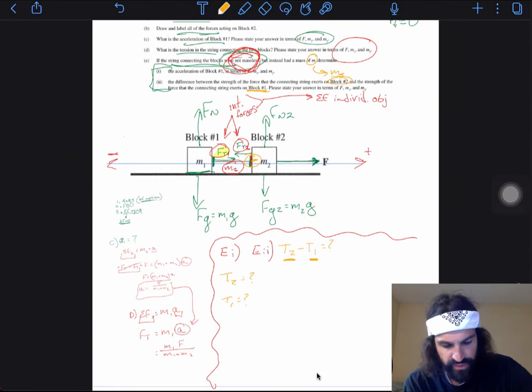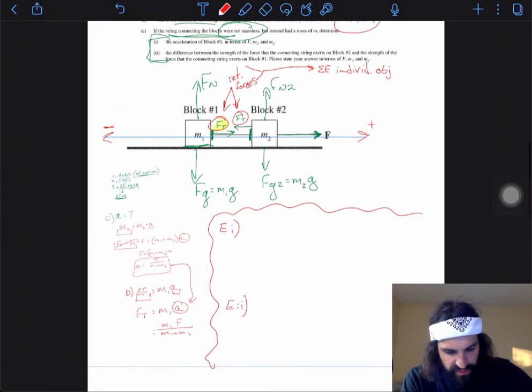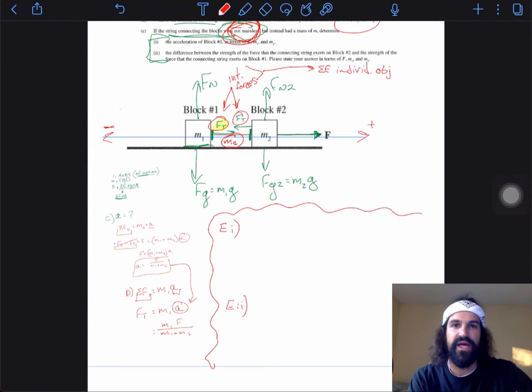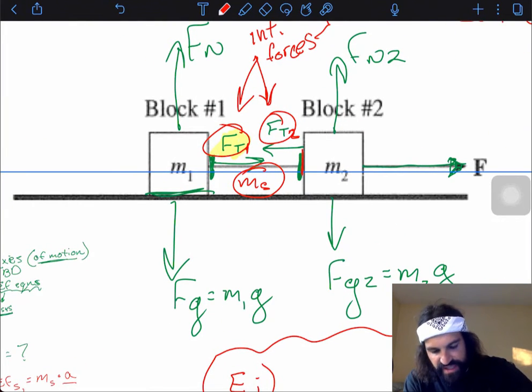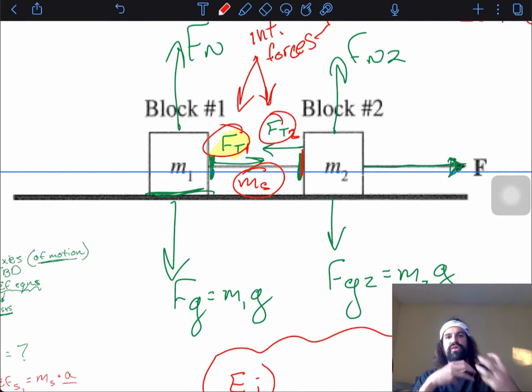So now we're going to look at E1 and E2. They want us to find if the string were not massless. That's the big change. So now we have mass of the string attached to this. And what that does is means now tension 1 and tension 2 are no longer the same. Because again, the rope has to pull everything behind it at any individual location.